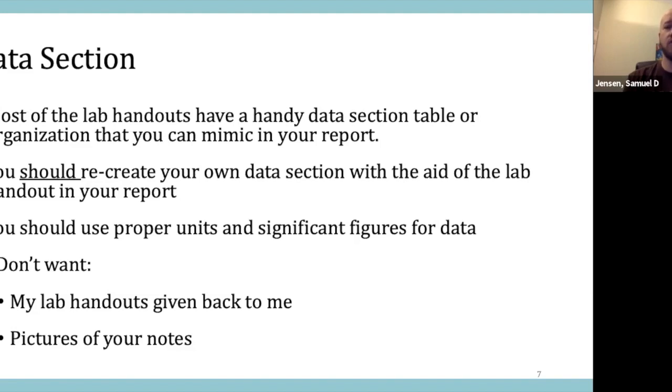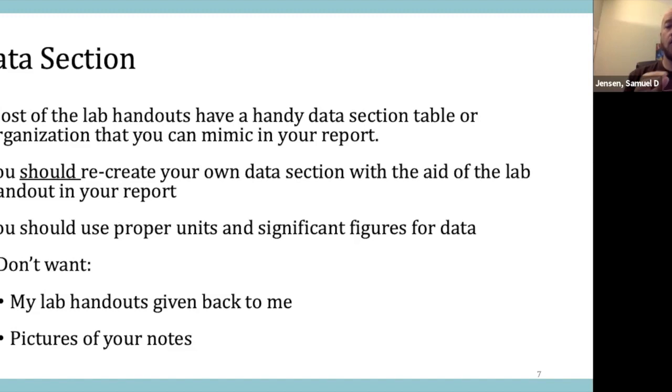So for the physical properties lab, for example, when we go into the lab, we would weigh a 1 milliliter volumetric flask, empty, and then we would put different solutions in there and get weights on them full, okay? So I would give you the weight of the flask empty and the weight of the flask full. Then you would do the subtraction and do the calculations to get the weight of just the solution, okay? So I'm giving you all of the data. You just have to finish out the data set, okay?